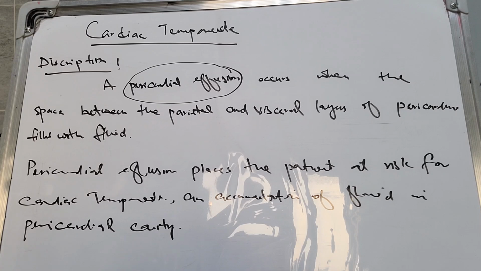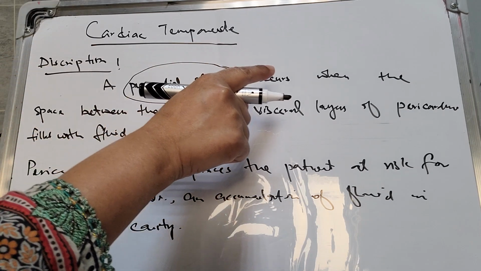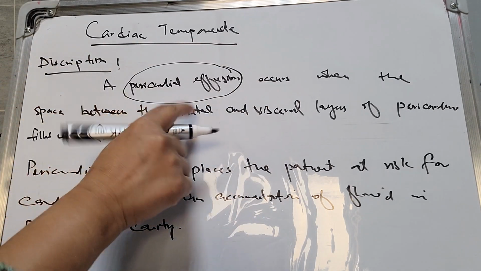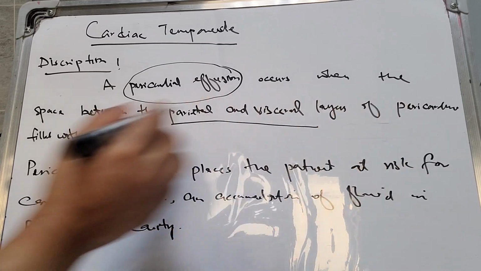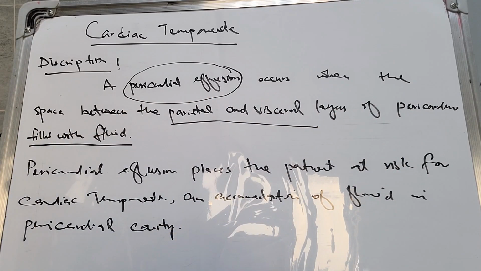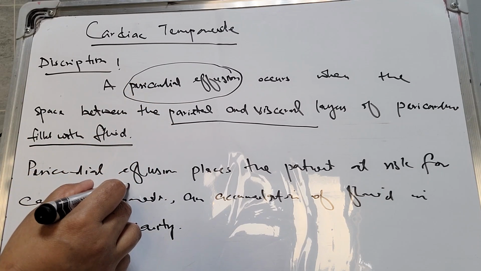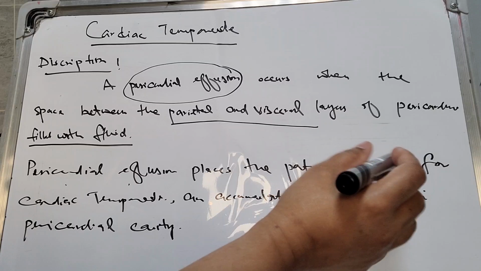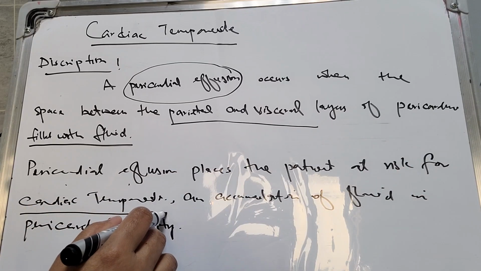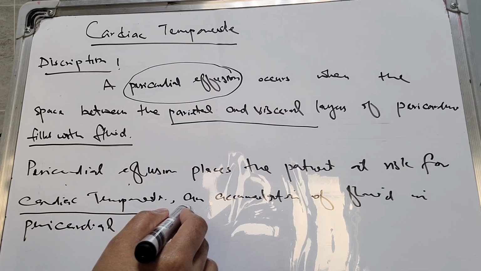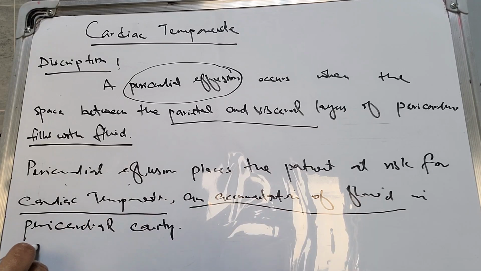So first, the pericardial effusion occurs when the spaces between the parietal and visceral layers of pericardium are filled with fluid. Now this pericardial effusion, what will it do? It places the patient at risk for cardiac tamponade. So what is cardiac tamponade? An accumulation of fluids in the pericardial cavity.